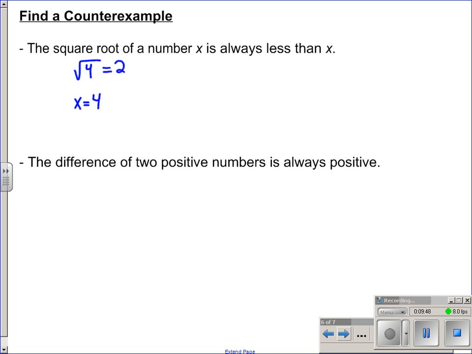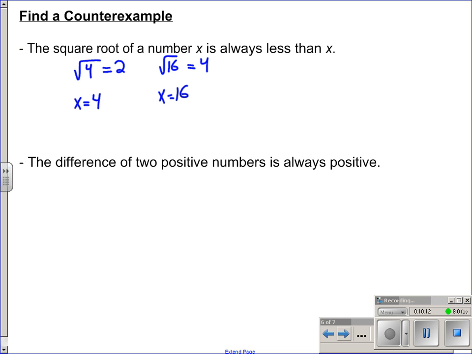So that's not really a counterexample. It kind of just shows that this thing is correct. Square root of 16 is 4. If x is 16, well, hang on, the square root of a number x is always less than x. Yeah, this is true. We got the square root 4, it is less than 16. Okay, so it's just showing that.